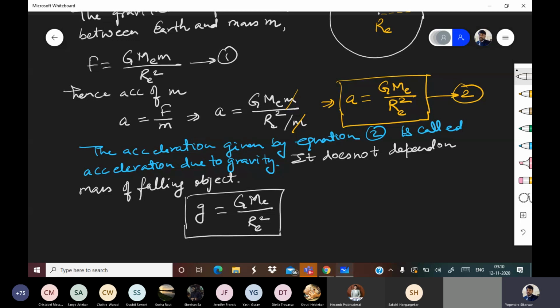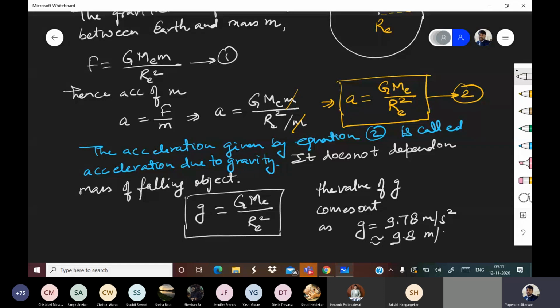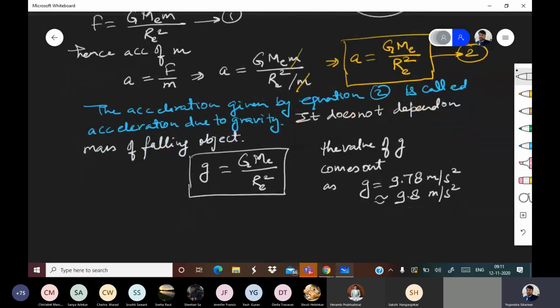Okay, the value of g comes out to be 9.78 meters per second squared, which is also taken as 9.8 meters per second squared, and in fact, we have also used 10 meters per second squared.